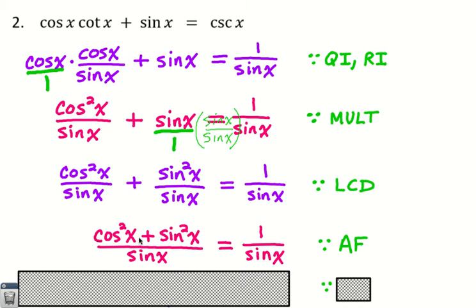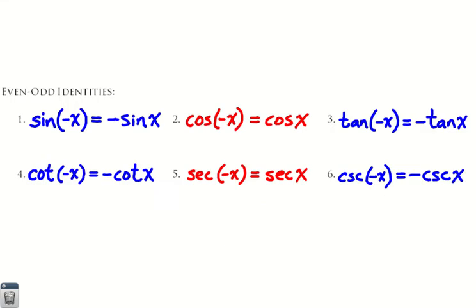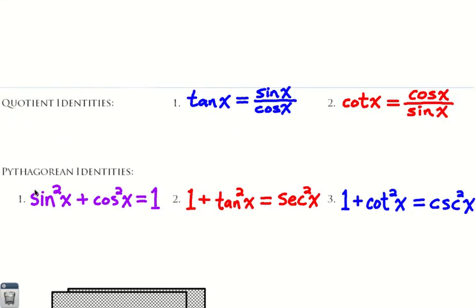And what can we do now? It seems like we're getting so close. Did you notice that this right here is the Pythagorean identity? Not exactly, but it is. This is going to be a common thing here, people.